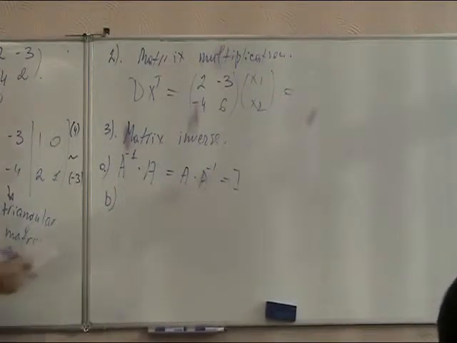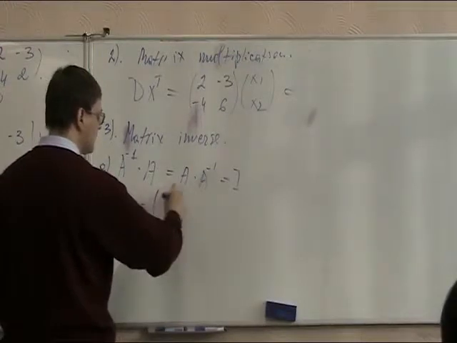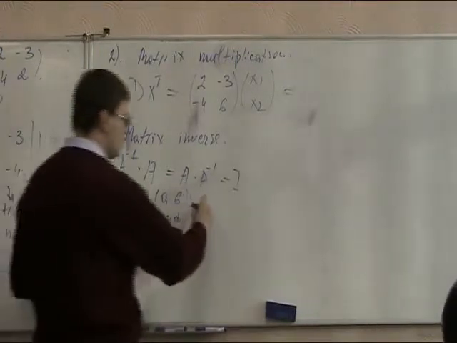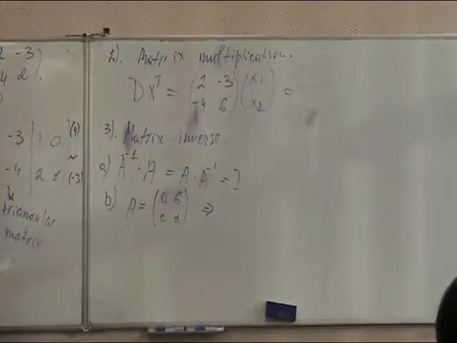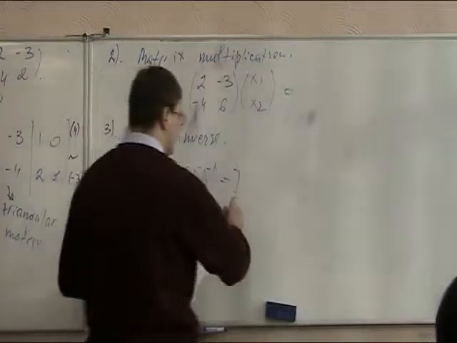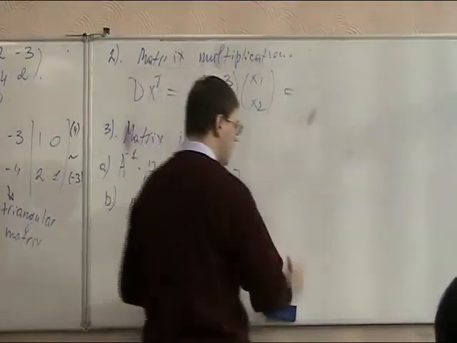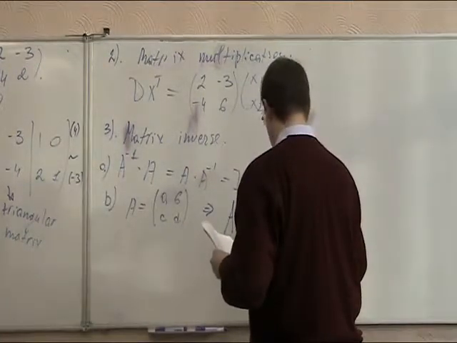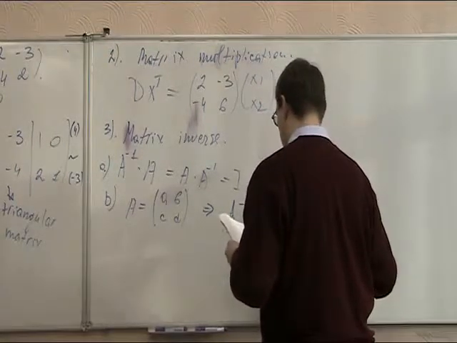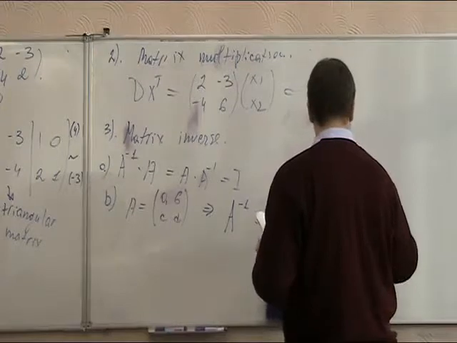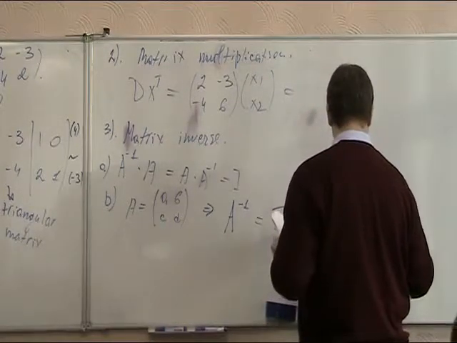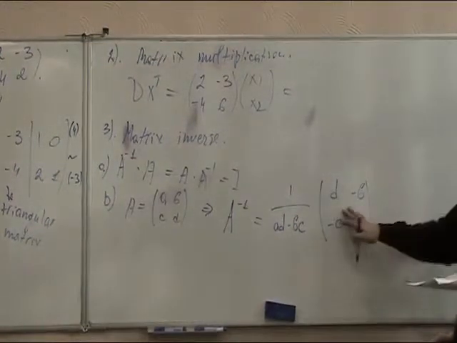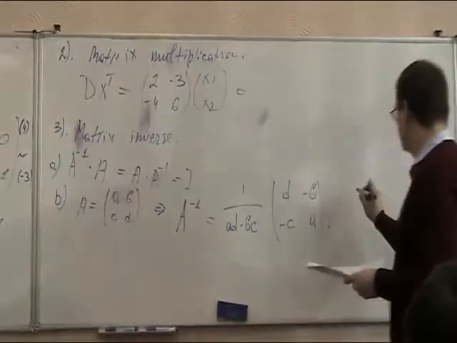And if we have the matrix A, which is 2 by 2, we can find the matrix inverse using the method of Jordan-Gauss elimination, or we can find it by a very simple formula. And you may check that this is indeed an inverse of this matrix.